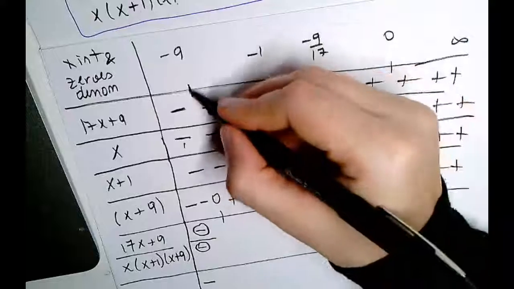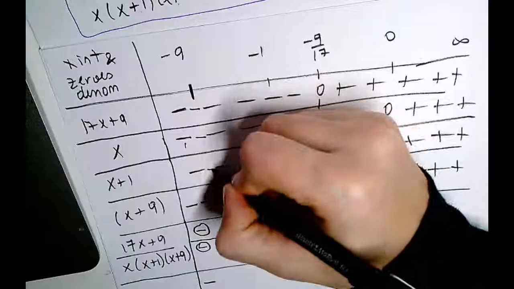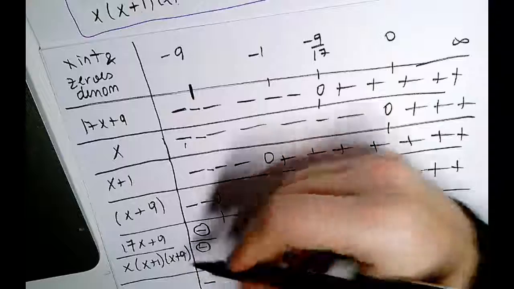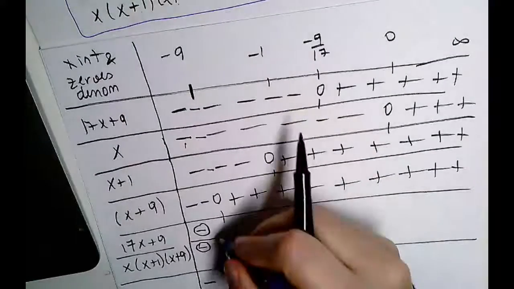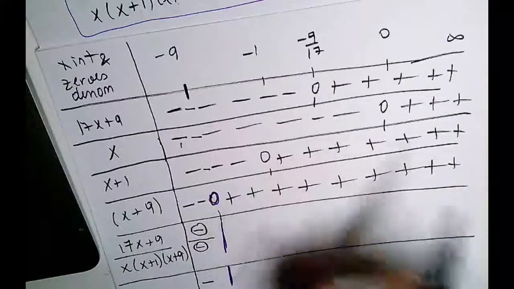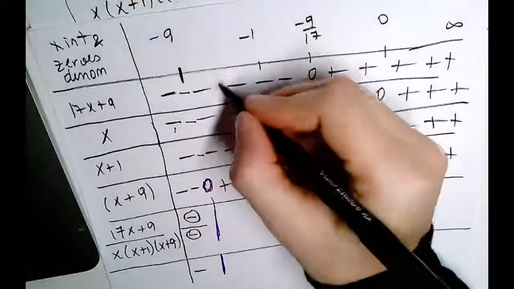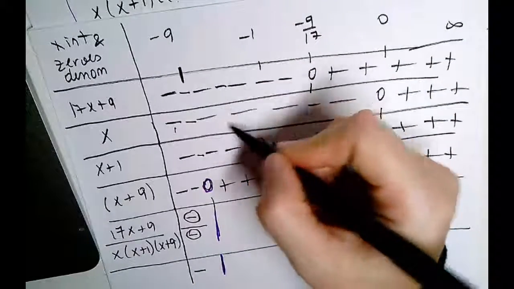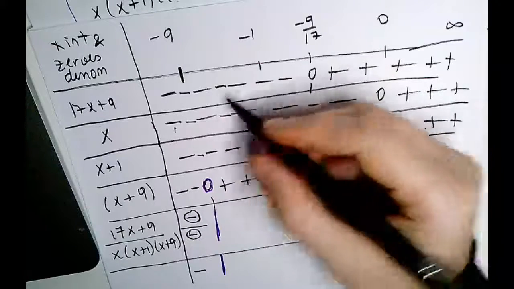Then at negative 9, I have a negative number divided by a negative times another negative times 0. So x plus 9 is 0, so division by 0 here. So we're going to get undefined, because x plus 9 is 0 here, and we can't divide by 0. Then between negative 9 and negative 1, I have a negative divided by a negative times a negative times a positive.